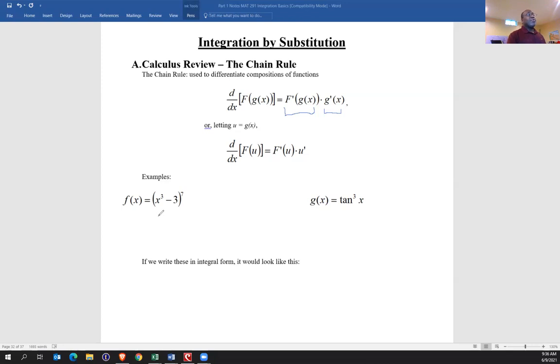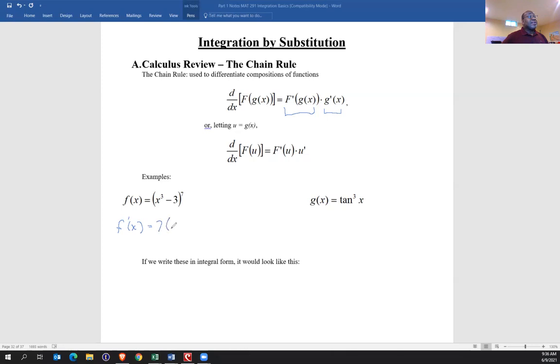Our first example here, we have f of x equals (x cubed minus 3) raised to the 7th power. So when we differentiate this, the outer function we see is going to be the 7th power. The inner function is x cubed minus 3. So if we differentiate this, f prime of x would be equal to, we apply the power rule to the outer function.